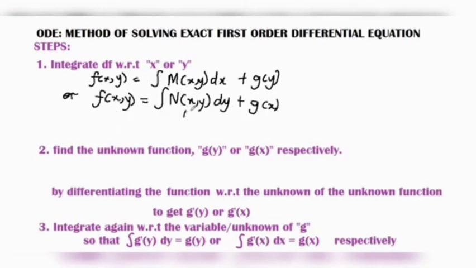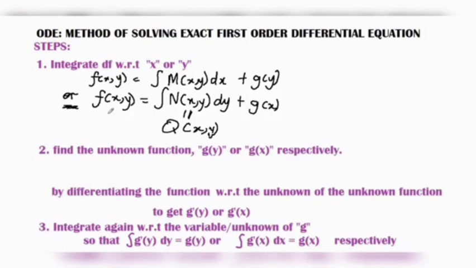So let's just call either of these q of x,y. Next, we need to find the unknown function g of x or g of y, respectively. Any one you are using, you don't have to use both. That's why I said or. So whichever you are using, just use the one that is easier to integrate. You need to find the corresponding g function.